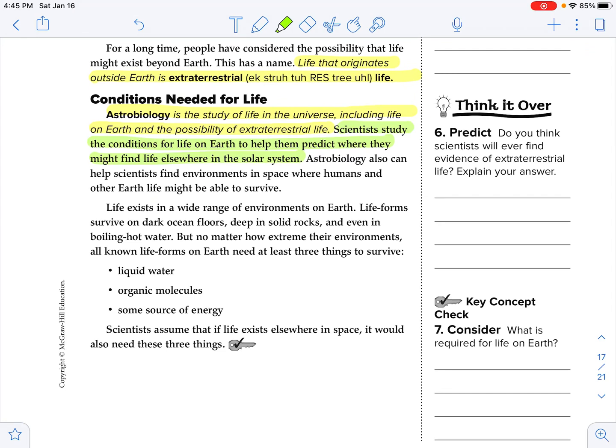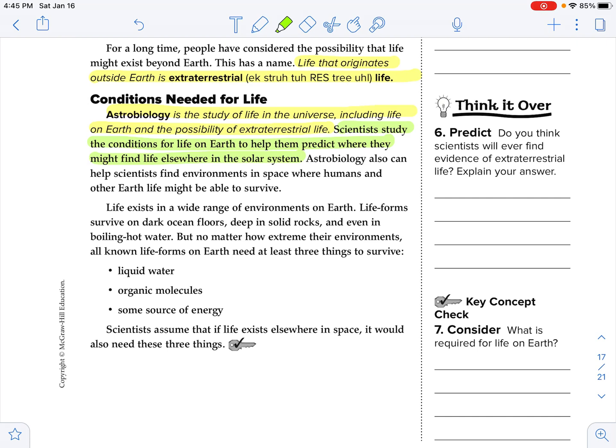Life exists in a wide range of environments on Earth. Life forms survive on dark ocean floors, deep in solid rock, and even in boiling hot water. But no matter how extreme their environments, all known life forms on Earth need at least 3 things to survive.